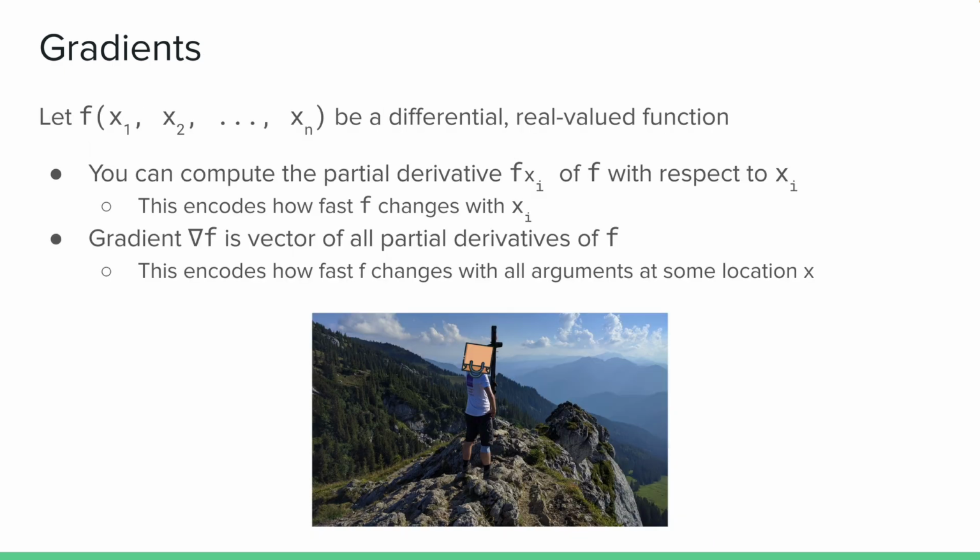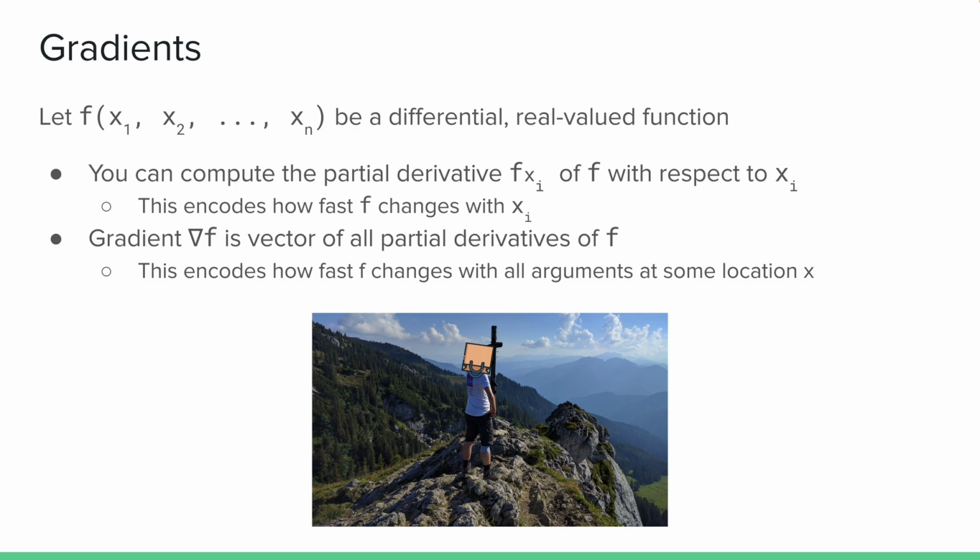Let f be a differentiable real-valued function, our loss function. Then you can compute the partial derivative of f with respect to xi. This encodes how fast the function f changes with xi. And the gradient of f is the vector of all partial derivatives of f.